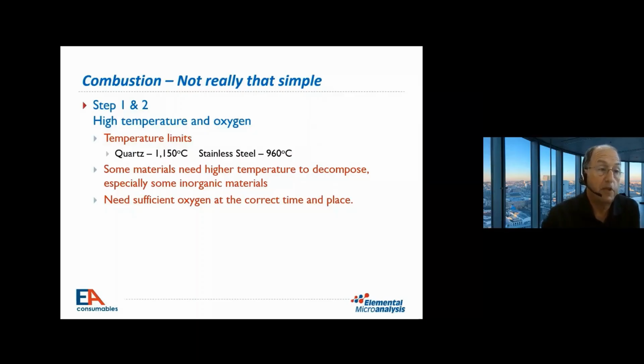So you have temperature limitations on the combustion. Quartz combustion tubes have a limit of about 1150 degrees Celsius. Stainless steel, which are sometimes used, 960 degrees, but some materials may need a higher temperature to decompose, especially inorganic materials. And you also need to get sufficient oxygen at the correct place and time in order to ensure that you have the combustion.